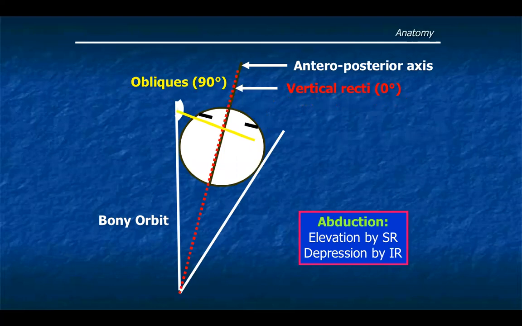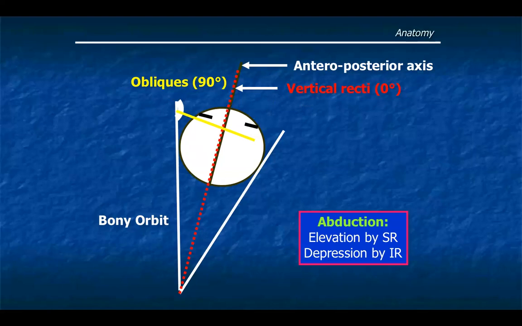In this position, the superior rectus can only elevate the eye, but cannot adduct or produce torsion. And the inferior rectus can only depress the eye, but cannot adduct or produce torsion too. So the superior rectus and the inferior rectus become just elevator and depressor.